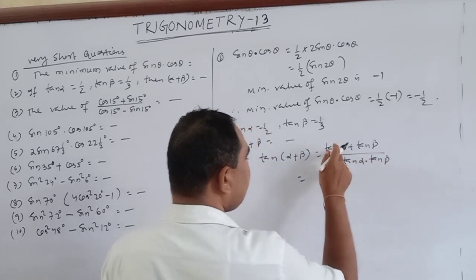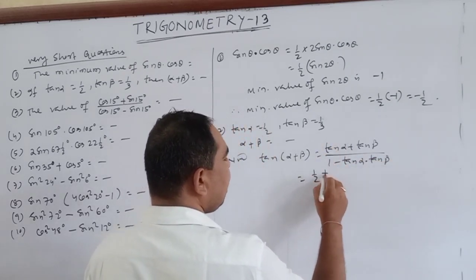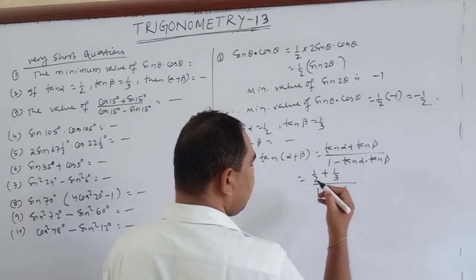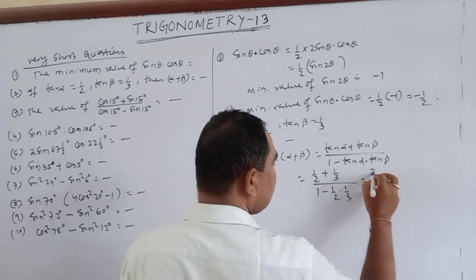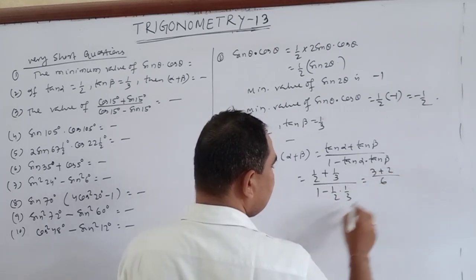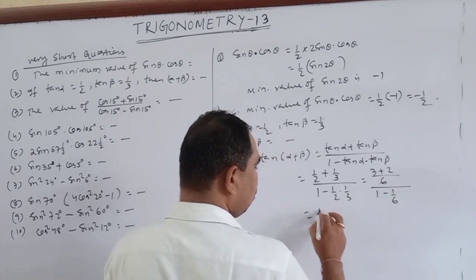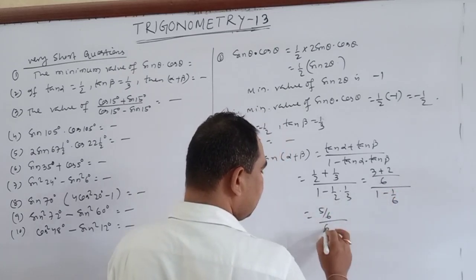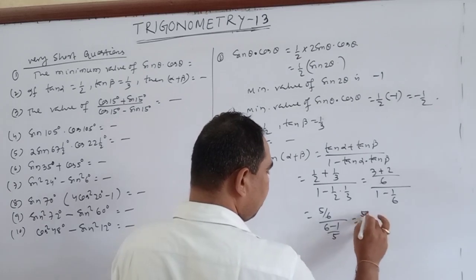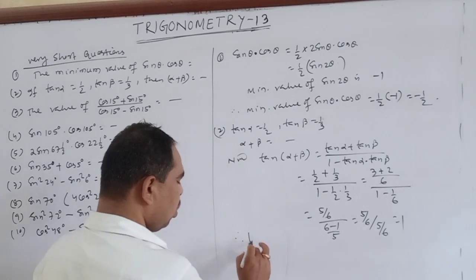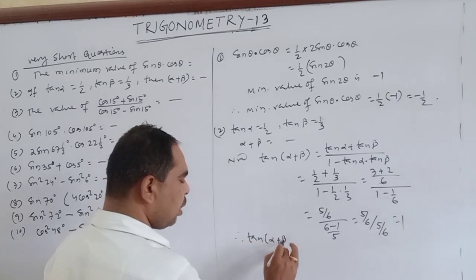Tan alpha is 1 by 2, tan beta 1 by 3, divided by 1 minus 1 by 2 into 1 by 3. So this is 3 plus 2 by 6, and 1 minus 1 by 6. So 5 by 6 divided by 5 by 6 is equal to 1. Therefore tan of alpha plus beta is equal to 1.